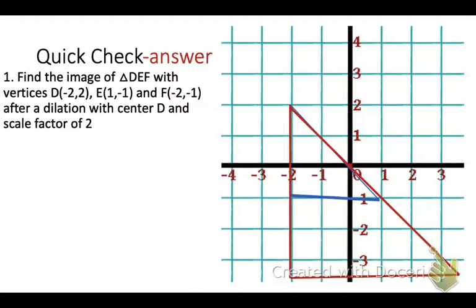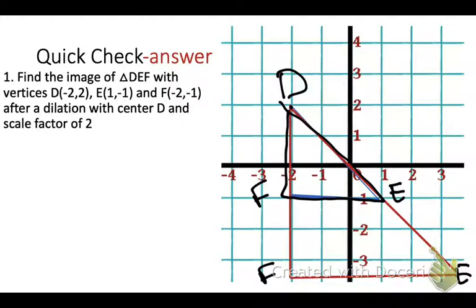Okay, so you're going to check your answer. If you notice, I have my first triangle. I don't know if you can see it. It's the blue one. So this was probably D, right? Negative 2 and 2, yes. E was 1 and negative 1. So this was F. So my new coordinates for E and F, what should they be?